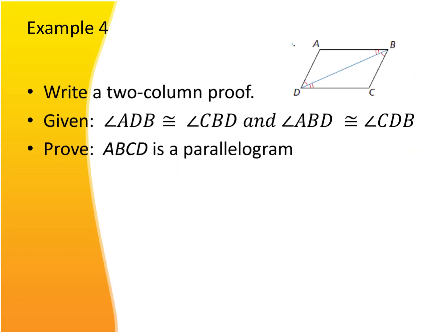Next slide, proof. It says write a 2-column proof given that angle ADB is congruent to CBD and ABD is congruent to CDB. Prove that ABCD is a parallelogram. So let's get this set up. Statements and our reasons.